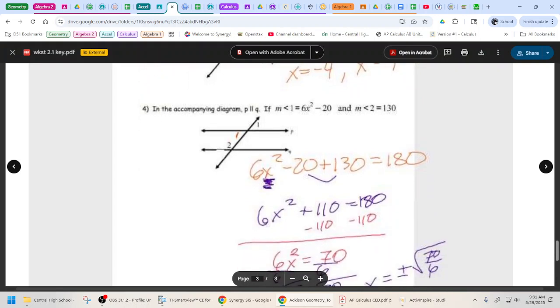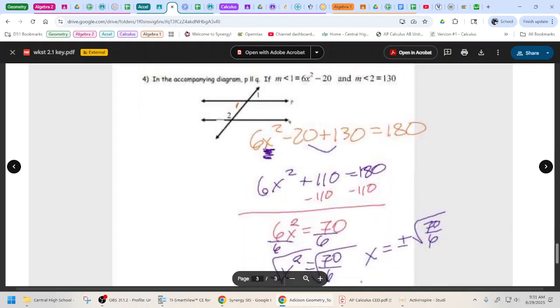And then this next one, what kind of angles are those? Right, and what kind of angles are 1 and 2?